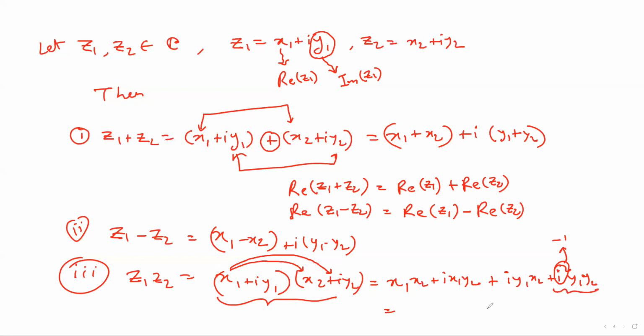So this makes this part a real number. So we can separate the real numbers like this and take i as a common factor to write the other 2 terms like this, x1 y2 plus y1 x2. So this is indeed in the form a plus ib. So the product belongs to the set of complex numbers. Remaining is basically division.